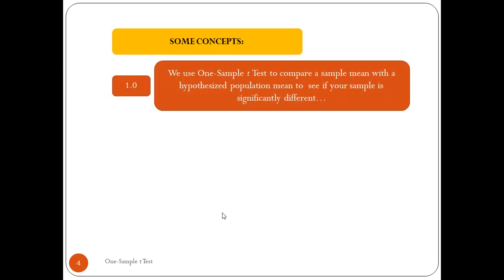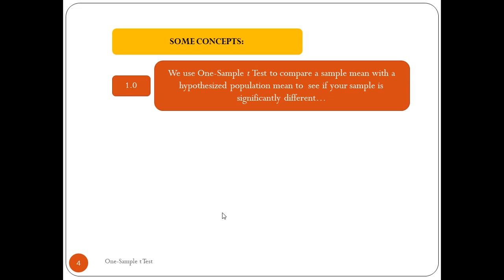So some more concepts. We use a one sample t-test to compare a sample mean with a hypothesized population mean to see if your sample is significantly different from the hypothesized population mean.